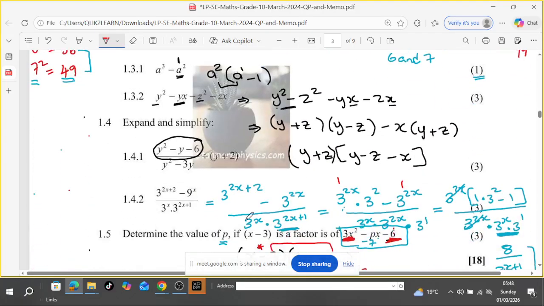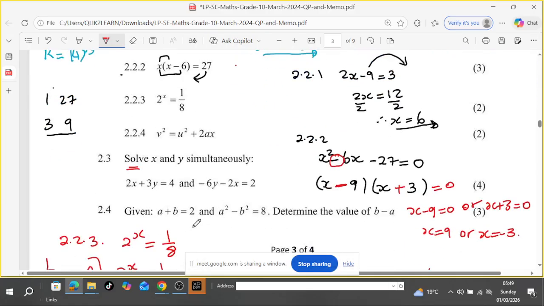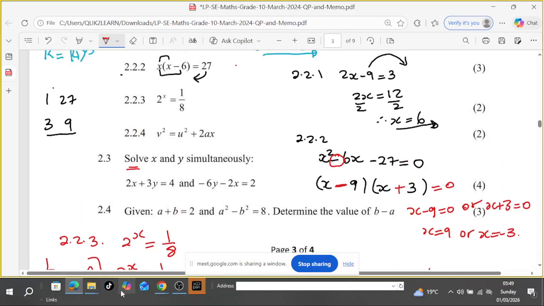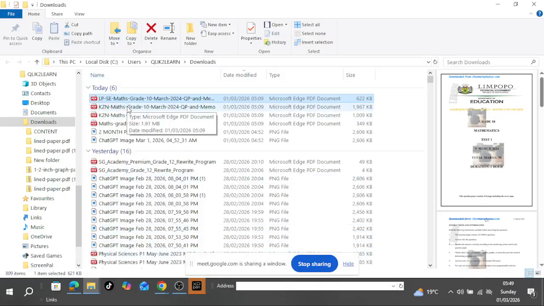I think this is what you should expect in your test. But I'm going to leave the last question because this type of question can change anytime. So let me quickly open the next paper. Let's see what we have on that one.